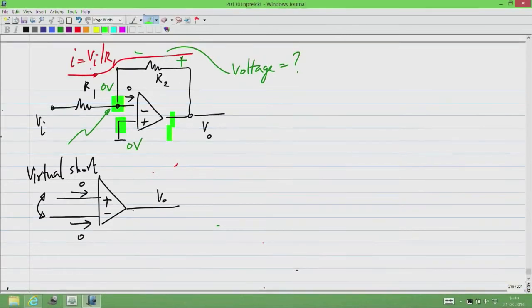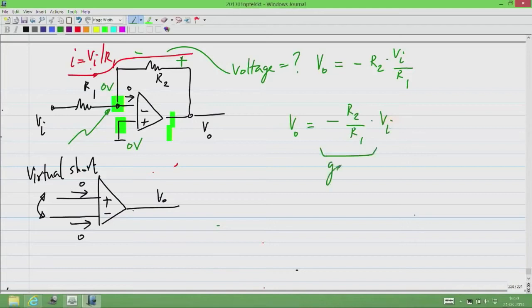So clearly this current is flowing that way. So this current times R2 will be the voltage drop with the left side positive, but here I have defined it with the right side positive. So the voltage V0 is minus R2 times Vi by R1, or V0 is minus R2 by R1 times Vi. Okay, so this is the gain.